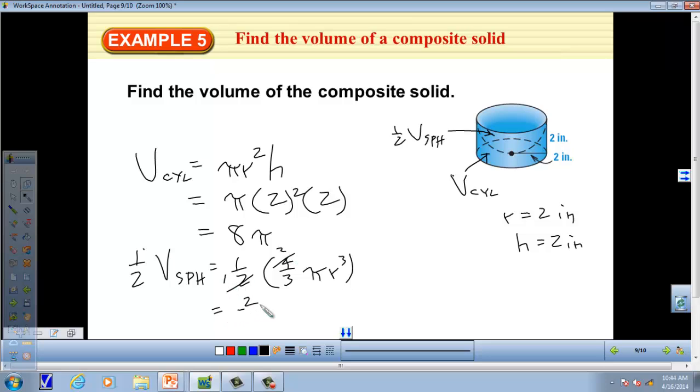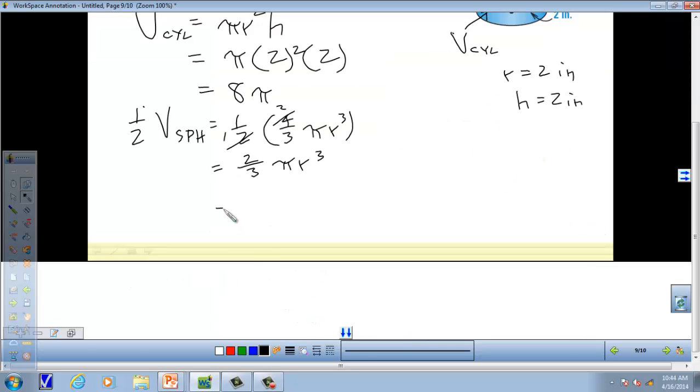So now really we have 2/3 pi r cubed, and we know the radius is 2. So that gives us 2/3 pi times 2 cubed. That gives us 8 times 2. We get 16/3 pi.